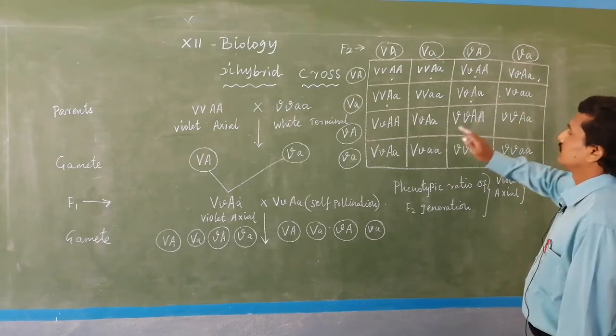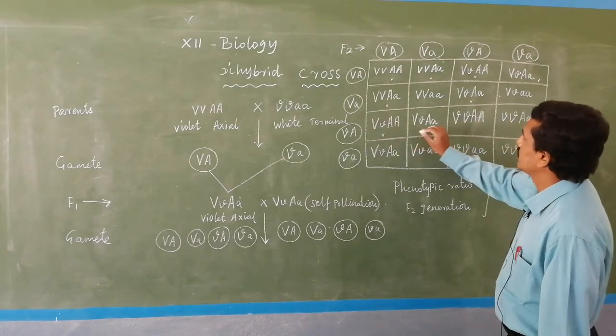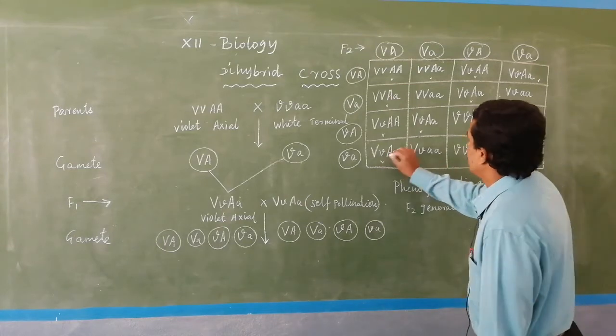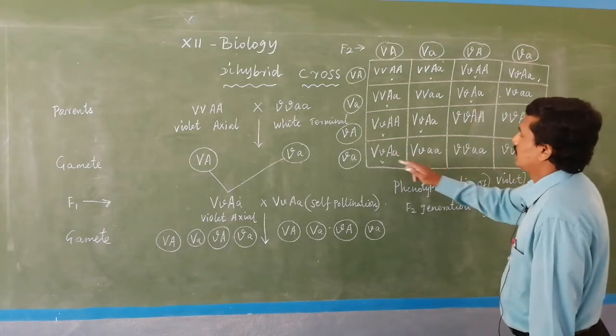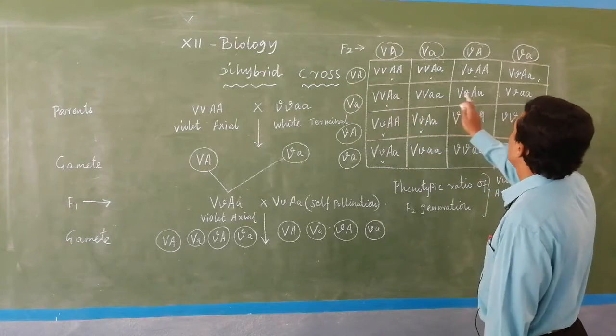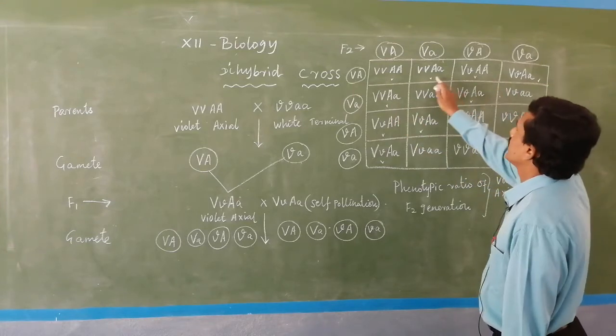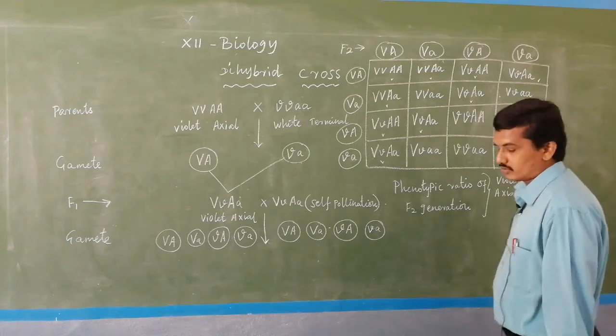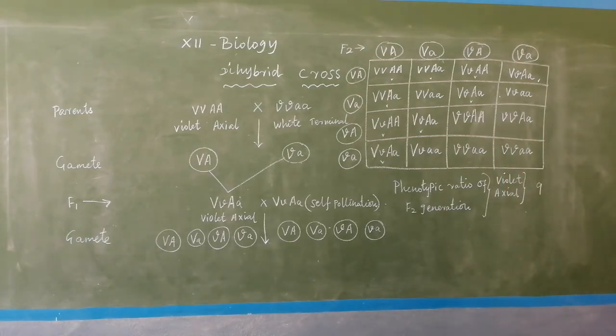Here violet axial, violet axial, violet axial. So 1, 2, 3, 4, 5, 6, 7, 8, 9. So violet axial, how many plants are produced in F2 generation? 9 plants. In violet axial, 9 plants are produced.